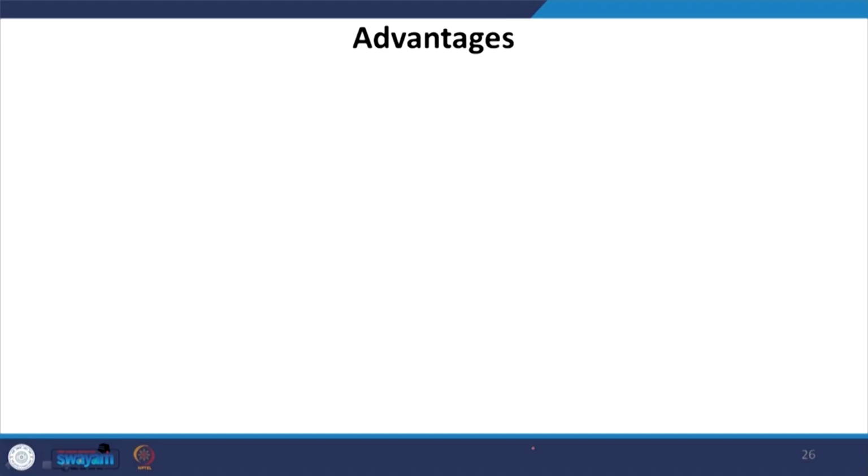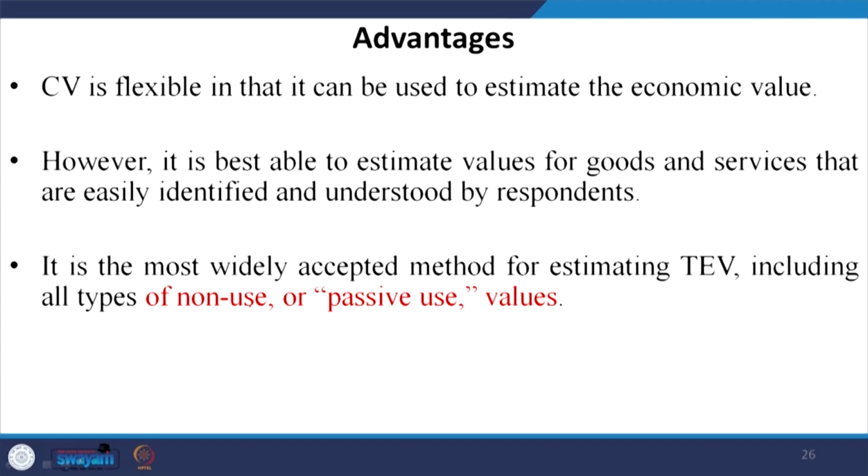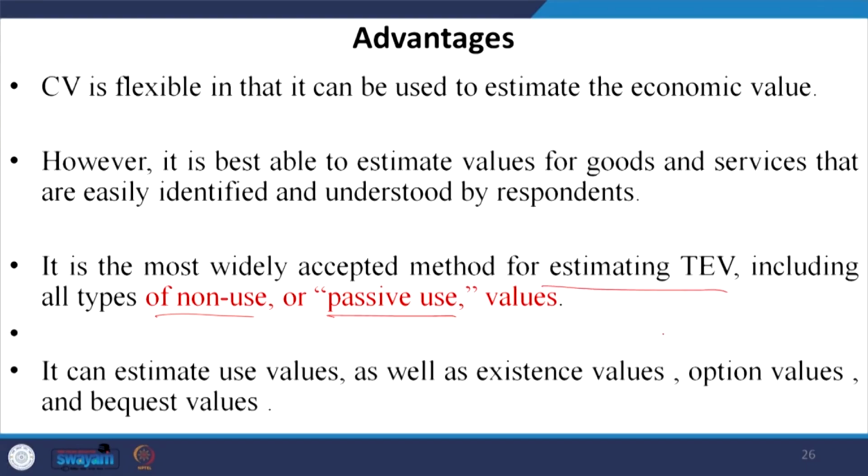However, even though this CV method suffers from these limitations, it has certain benefits. As you understand, we do not have any other mechanism or method to estimate the non-use value, and CV is very flexible in estimating economic values. While estimating non-use values like passive values, you can also use this CV method for estimating the total economic value.